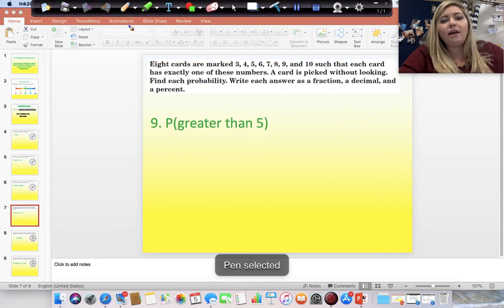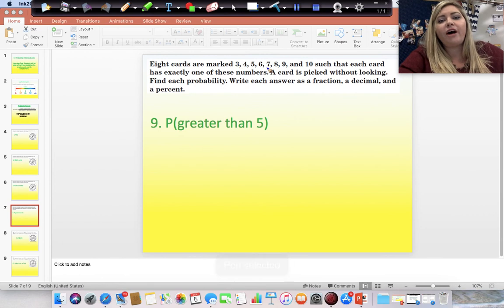Okay, so we've got 8 cards that are marked 3, 4, 5, 6, 7, 8, 9, and 10, such that each card has exactly one of these numbers. A card is picked without looking. Find each probability. Write each answer as a fraction, decimal, and a percent. So we want the probability of it being greater than 5. So it can't be 5. It's got to be bigger than 5. So the numbers that are bigger than 5 are 6, 7, 8, 9, and 10. 5 of these numbers are greater than 5.